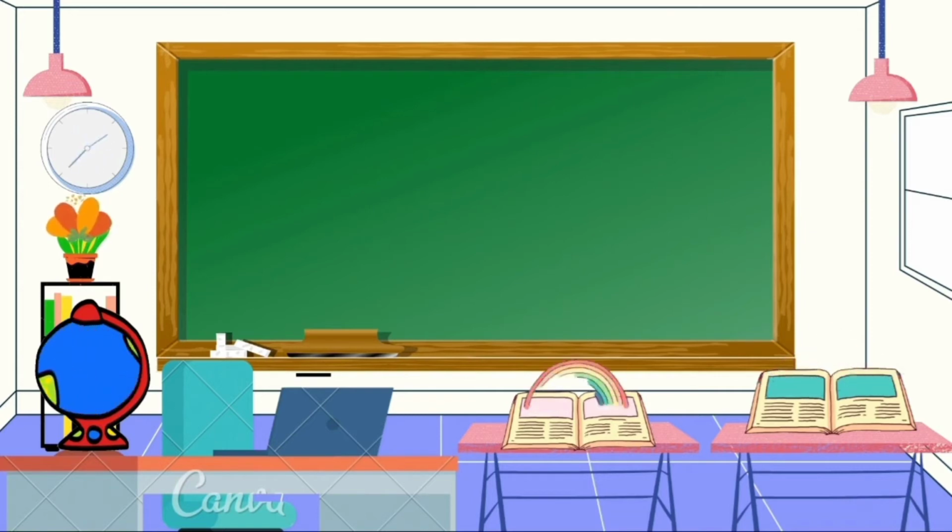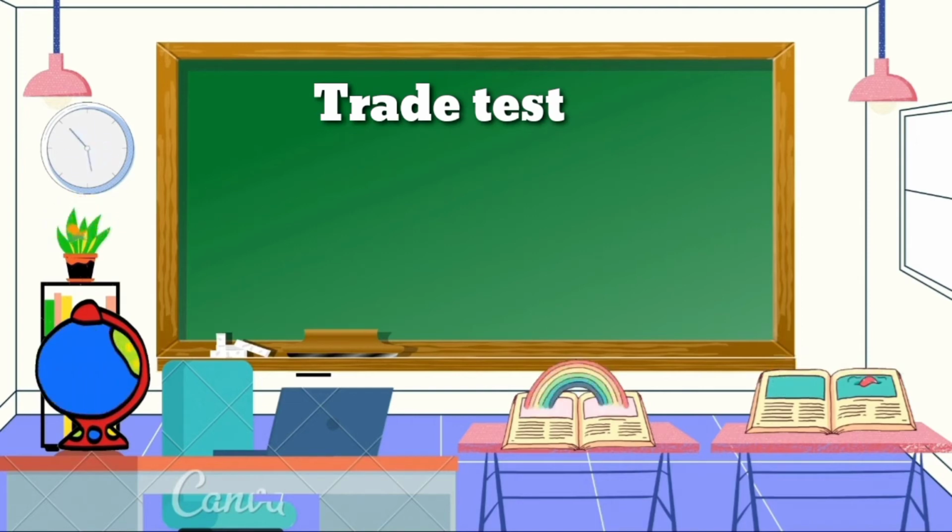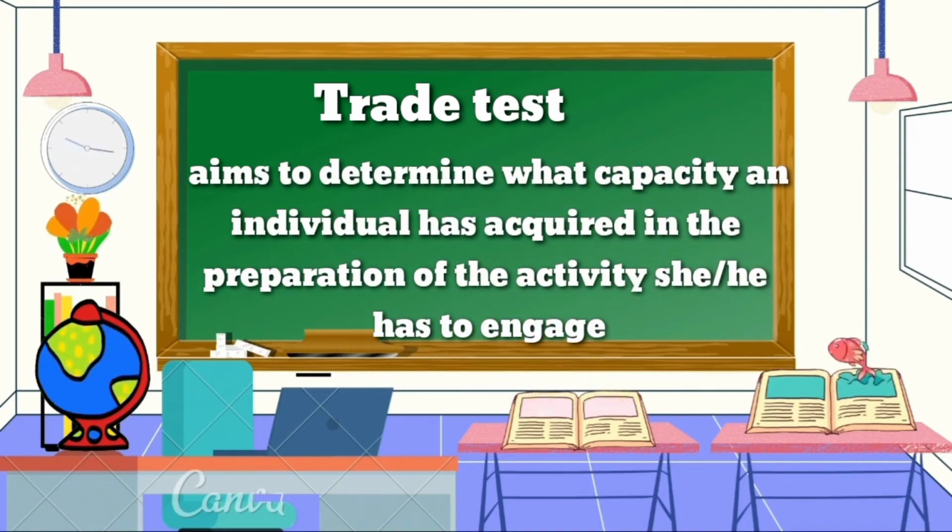Alright? So next we have the trade test. Trade tests aim to determine what capacity an individual has acquired in preparation for the activity he or she has to engage in. It means that it is the type of test that prepares somebody to be able to do the task that is being given to him.